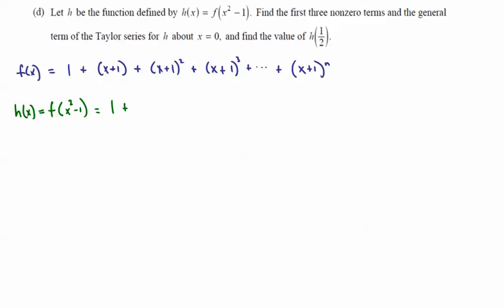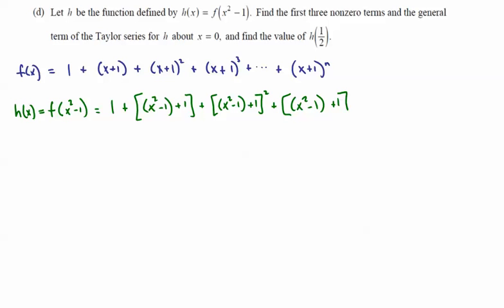So we'd get 1 plus (x squared minus 1 plus 1) to the first, plus (x squared minus 1 plus 1) to the second, plus (x squared minus 1 plus 1) to the third, and so on.